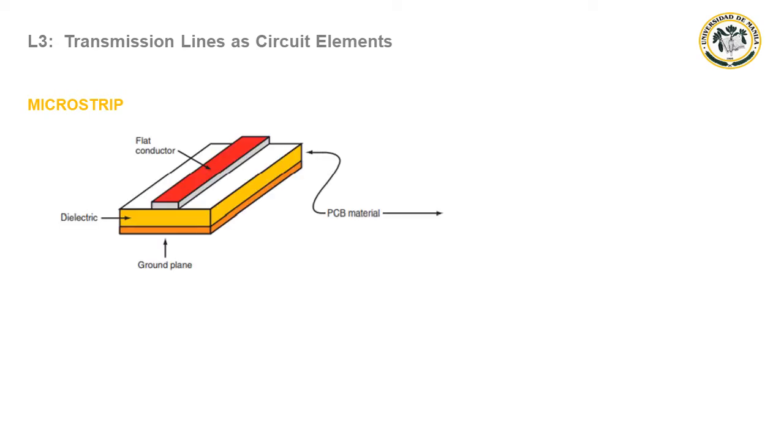However, at UHF, that's 300 to 3000 MHz, and microwave frequencies, that's 1 GHz or above, the length of a one-half wavelength is less than 1 foot. The values of inductance and capacitance become so small that they are difficult to realize physically with standard coils and capacitors.